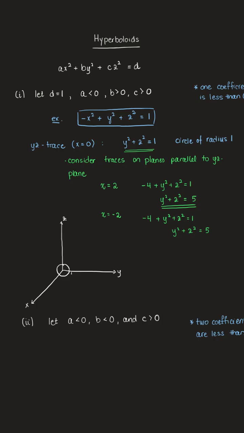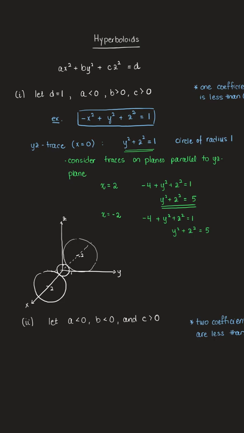Put a little 1 here, and the negative 1 there. But if I go along x equals 2 or negative 2, and think about the traces on planes parallel to the YZ plane, we obtain circles with slightly larger radii. That may be a little bit exaggerated, but we have something like this.